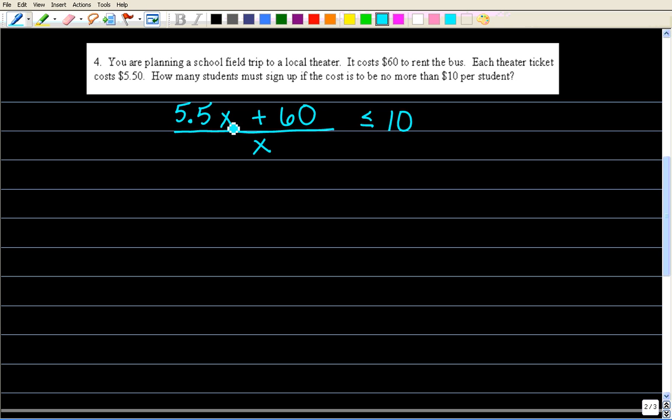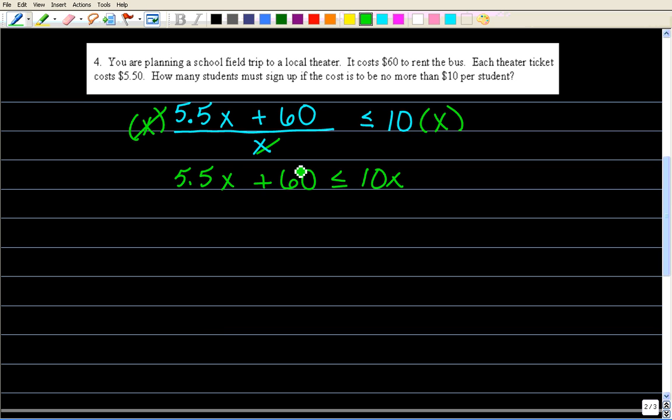Now we can solve for x. If I multiply both sides by x, that will cancel, and then I'll have 5.5x plus 60 is less than or equal to 10x.